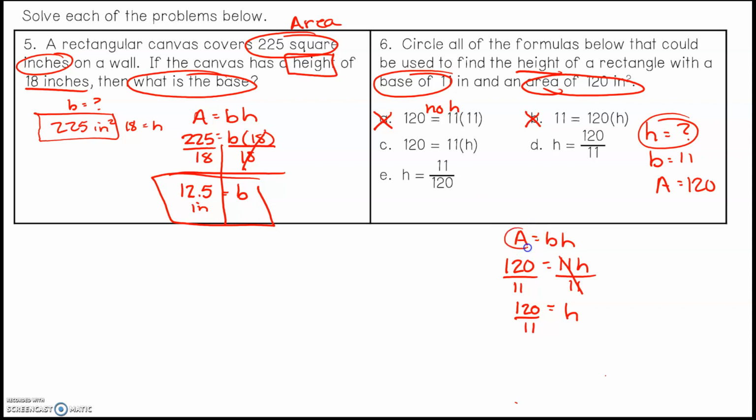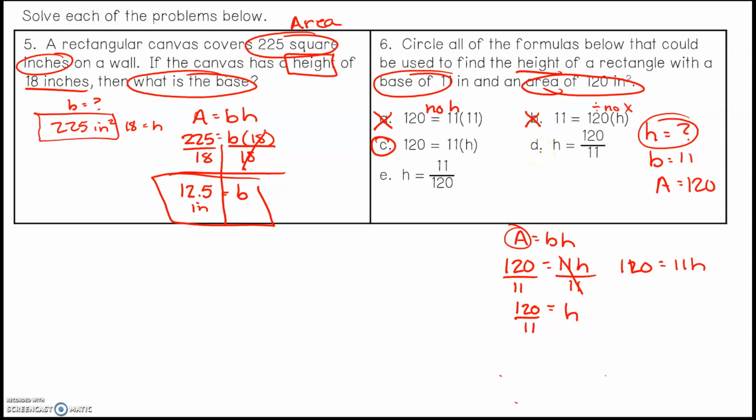When we move the B or the H over to the other side, it's always dividing. So there should be division, not multiplying. C is 120 equals 11 times H, and I wrote that right here, so that works.